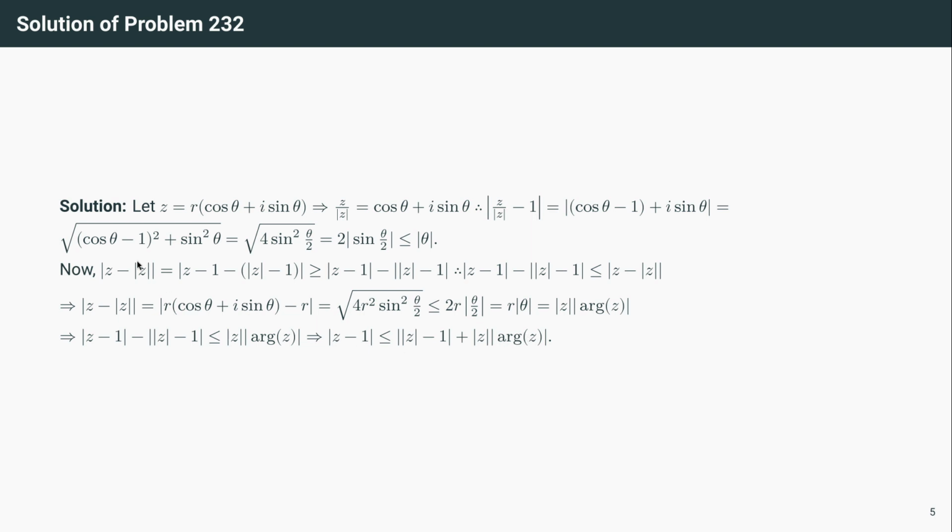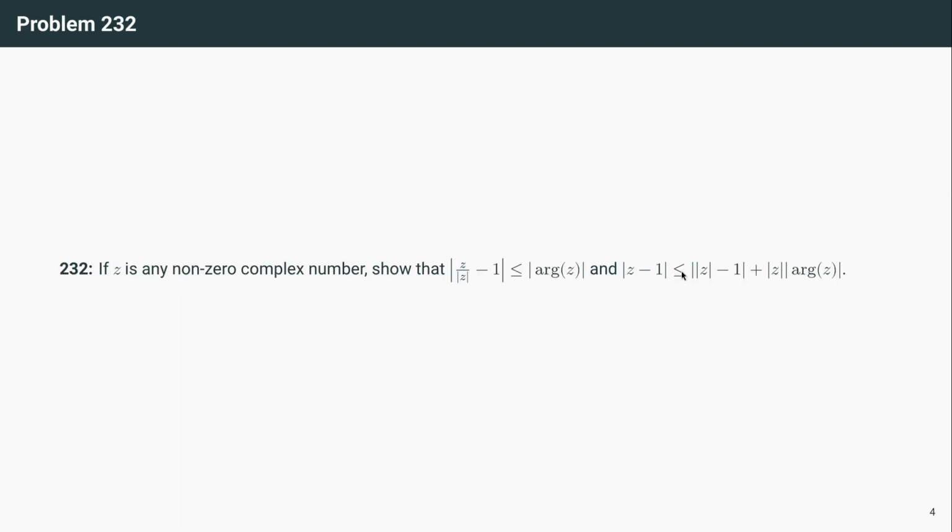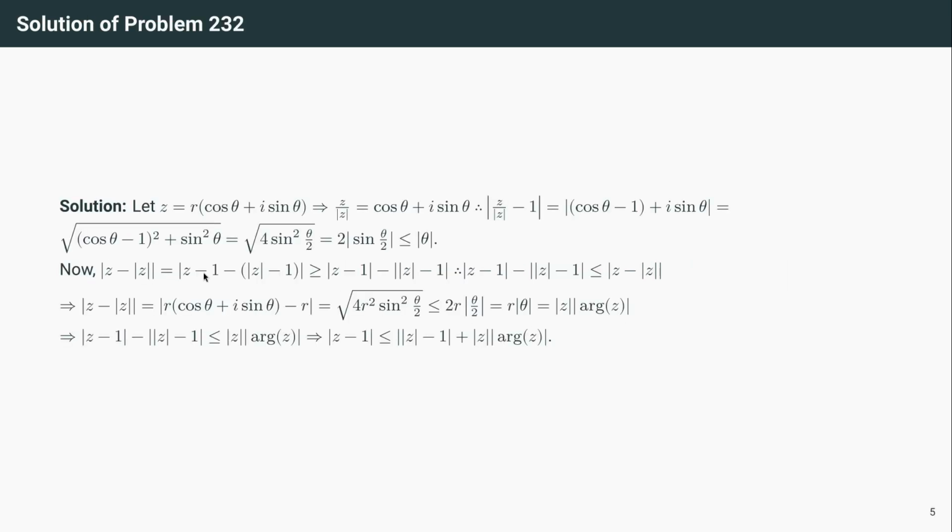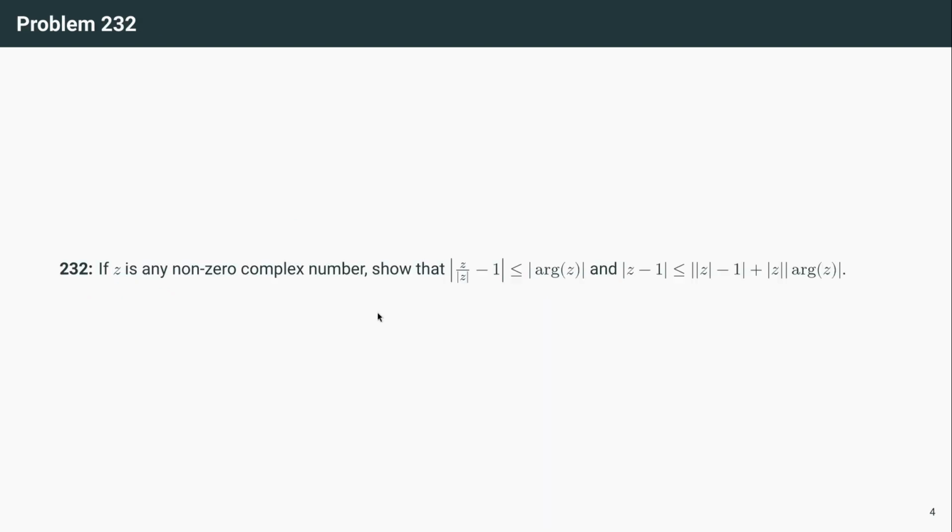You see, what we have done is we are evaluating mod z minus 1 minus mod of mod z minus 1. So that's how we have proceeded here. That's a nifty trick you can see, because rz is involved and there is no rz in these two, so we combine them together and then we evaluate.